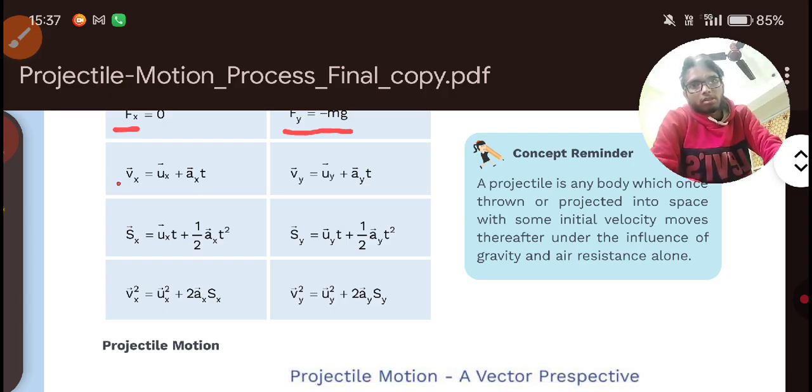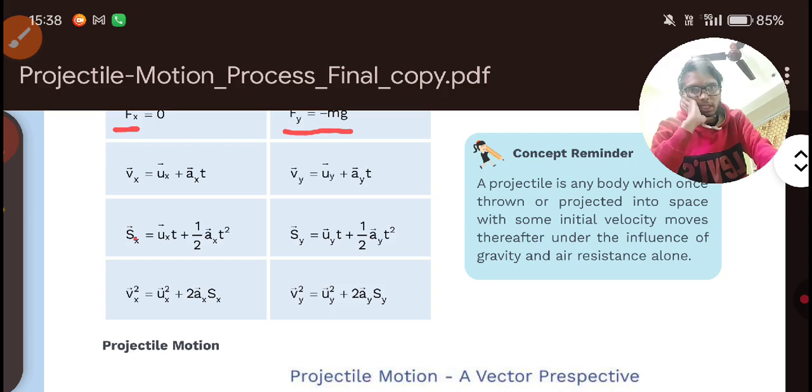Remember, there is an arrow showing that these are vectors. Initial velocity is a vector, final velocity is a vector, and acceleration is also a vector, which is downward.